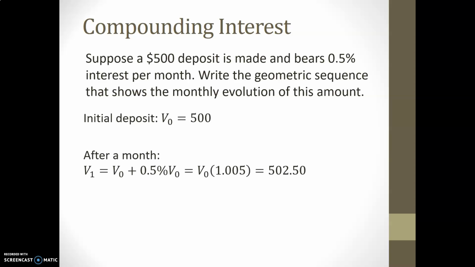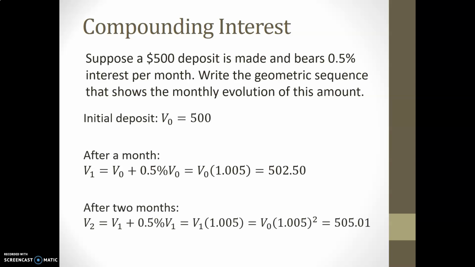After 1 month, V1 is the value of the investment, and it will be equal to what we had initially, $500, to which is added 0.5% of the investment. You'll notice that V0 is common and can be factored out to leave V0 times 1.005, or 1 plus 0.5%. So after 1 month, the investment is now worth $502.50.